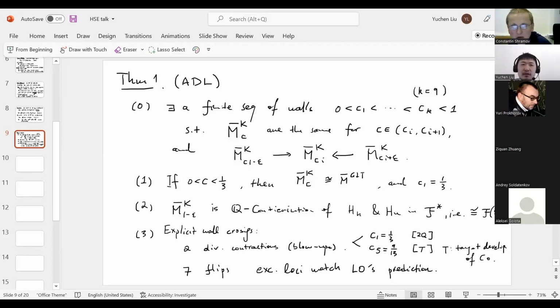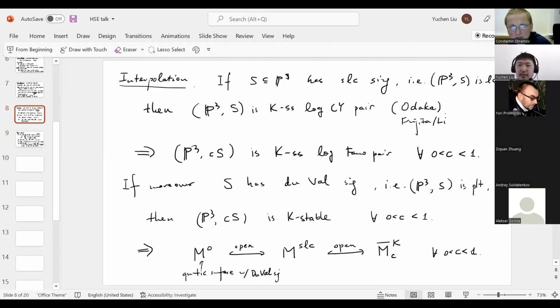Yes, you cannot cross it because from this setup you reach the coefficient 1 case, and then if you increase the coefficient, in general, you will end in the KSBA region. But here, because we have degree exactly 4, there's nothing in the KSBA region because it's no longer log canonical. But if you work with quintic surfaces or even higher degree surfaces, then you do end up in the KSBA region.